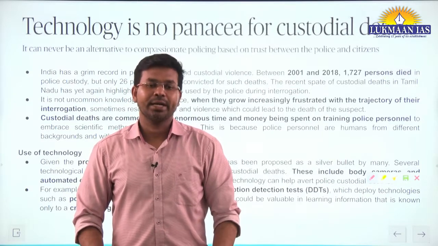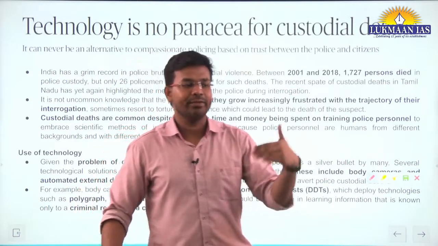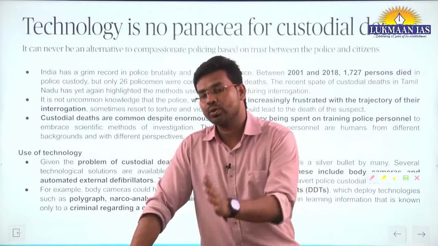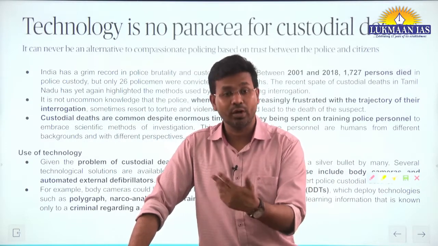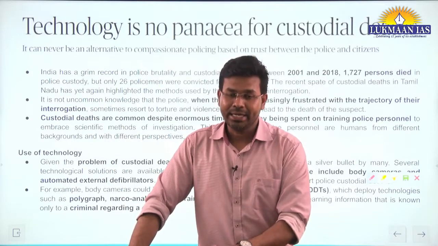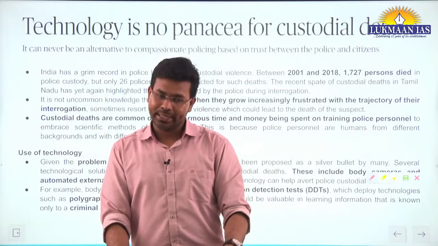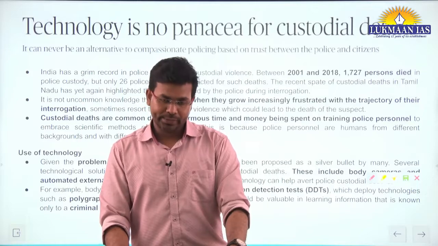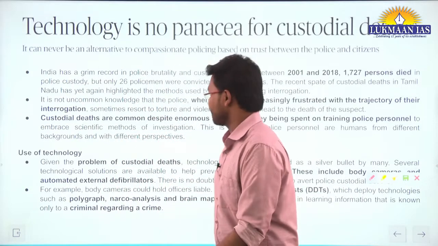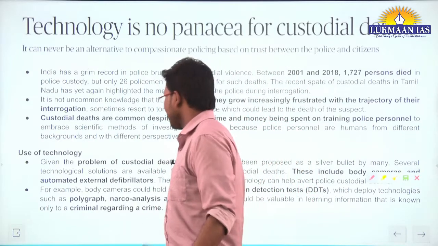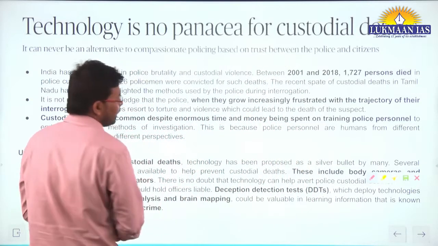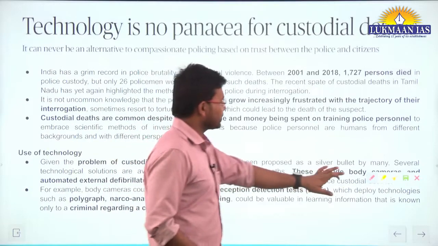This is one part. And apart from this, various scientific measures or interventions are also important. For example, a lie detection test is non-violent, and at the same time it has the potential of getting the truth from the suspect.